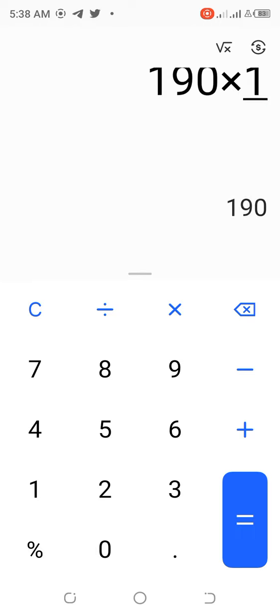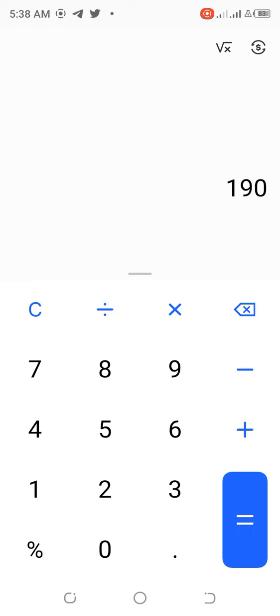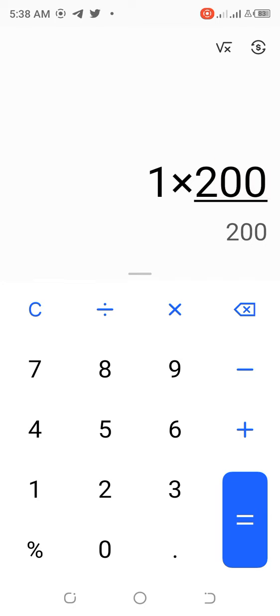And let's say we are staking 1 cedi, meaning we are using 190 cedis to stake the numbers. And when 2 numbers drop, we multiply it by 200. So meaning your profit is 10 Ghana cedis out of it.